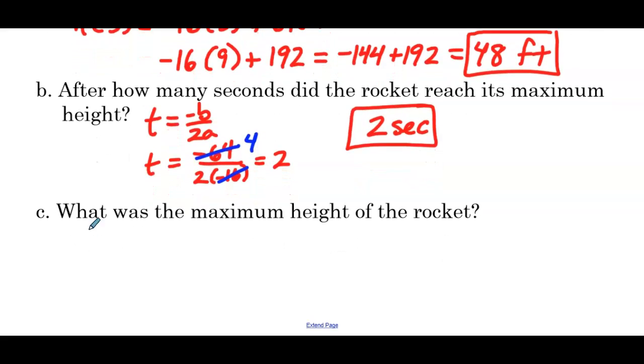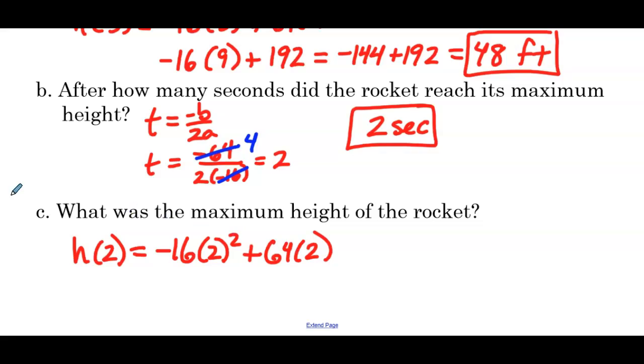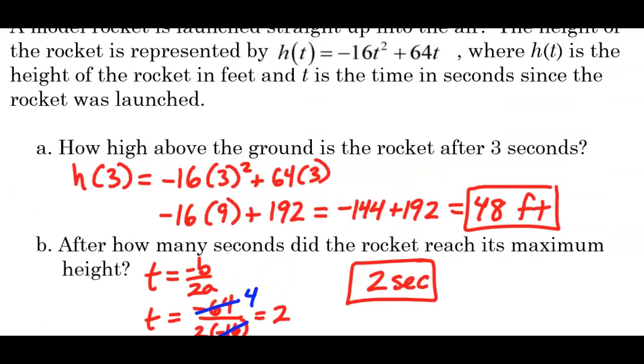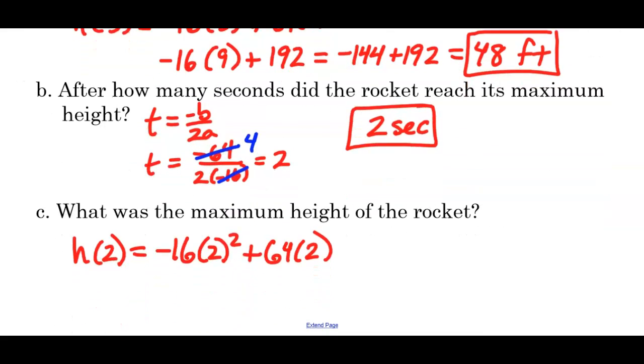What is the maximum height of the rocket? So we're going to evaluate h of 2. So we have negative 16 times 2 squared plus 64 times 2. Just make sure I had that correct. Negative 16 times 2 squared plus 64 times 2.